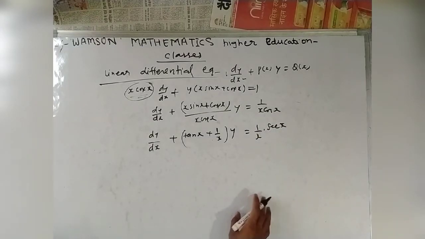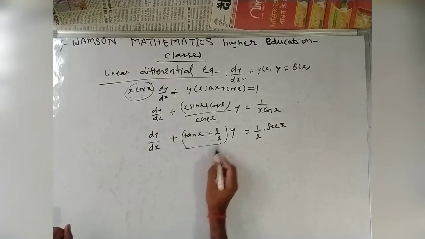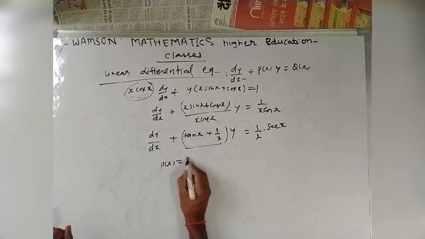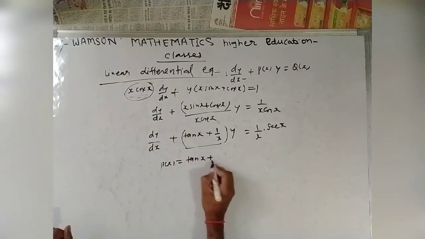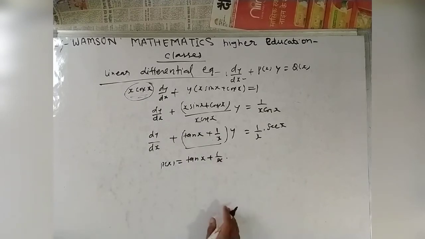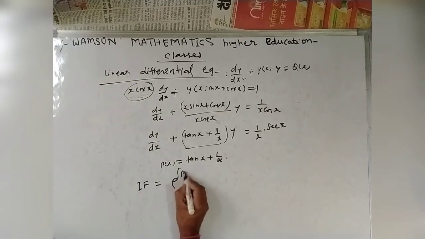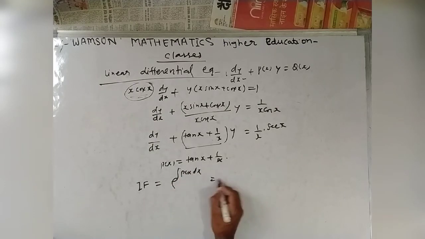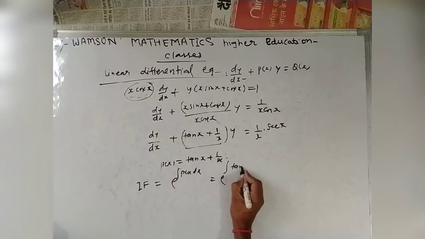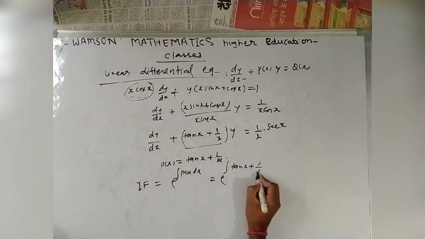So this is our p of x: tan x plus 1 by x. The integrating factor is e to the power integral of p of x dx, so e to the power integral of tan x plus 1 by x dx.